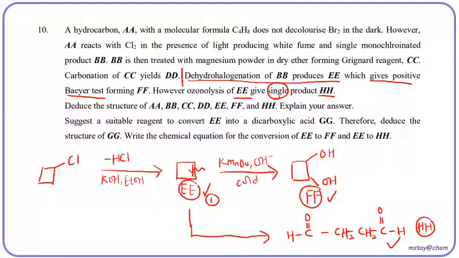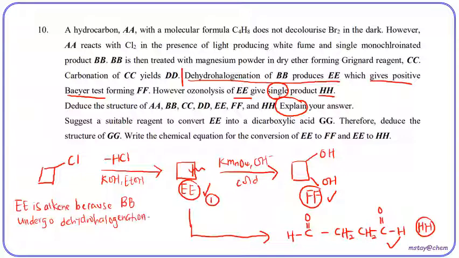And then don't forget we need to do the explanation over here. So what are the things that we can explain? You just need to let us know EE is alkene, because BB undergoes dehydrohalogenation.